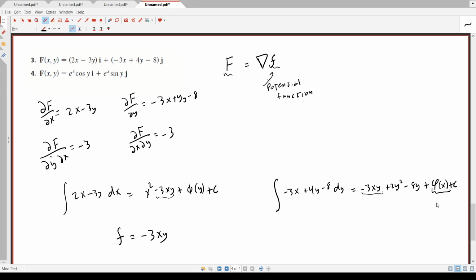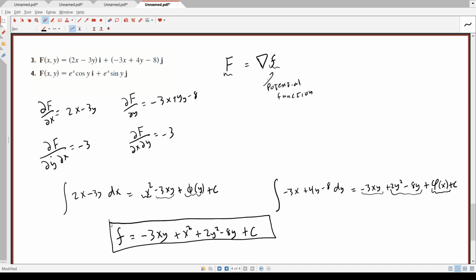The only one we have is x squared, so this function of x needs to be x squared. Then I look at functions involving only y, which looks like it's going to be this. And then I have plus a constant at the end, like this.